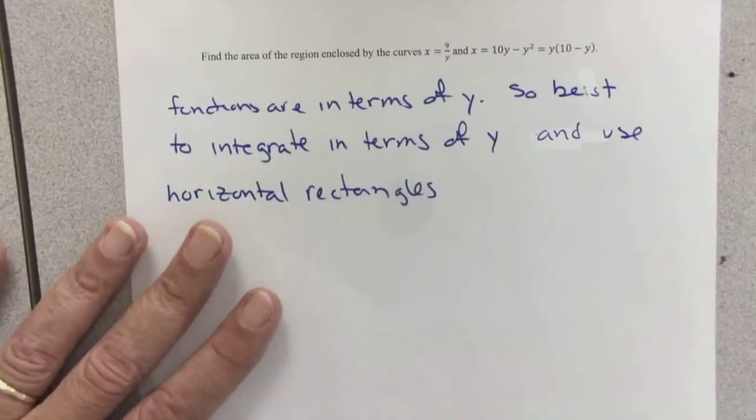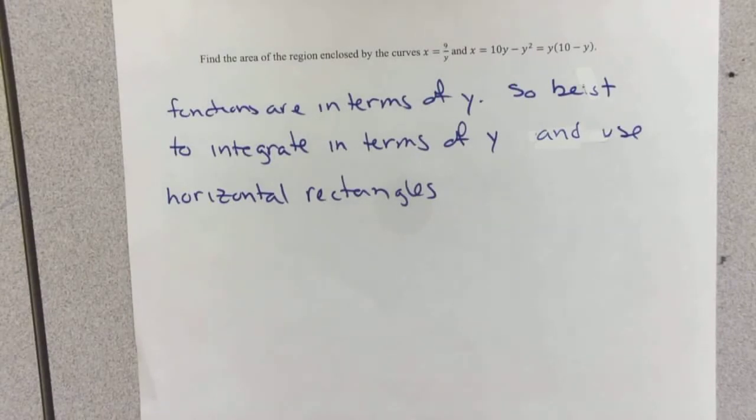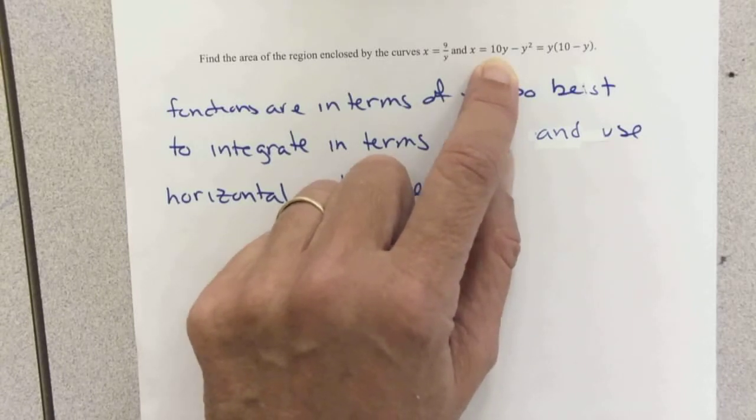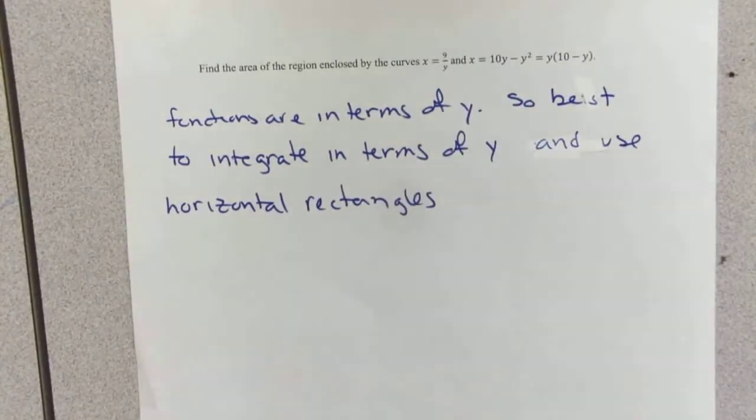The reason it's going to be best to use y is that if I wanted to use x, I'd have to rewrite my functions in terms of x, which you could actually do in this case, but it's kind of messy. You could use the quadratic formula and rewrite that in terms of x, but that process of switching functions from one variable to another may not necessarily be possible with elementary means, and sometimes it gets to be things you don't want to do.